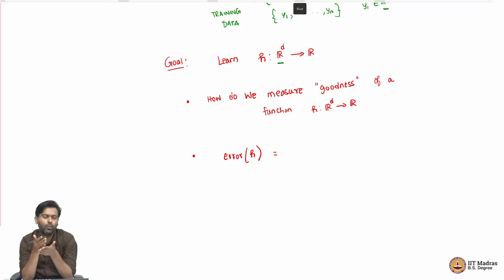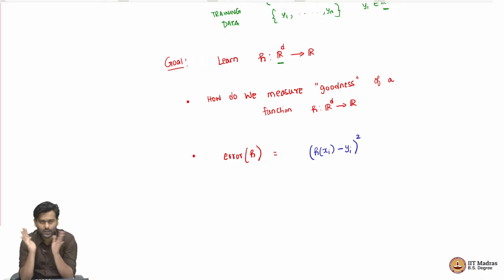The label for xi is yi, but h makes a prediction h of xi. Now we have two numbers, h of xi and yi, and we somehow have to compare them. One natural way could be by looking at h of xi minus yi, the whole squared. This is the squared error between what my prediction is and what the actual value is.